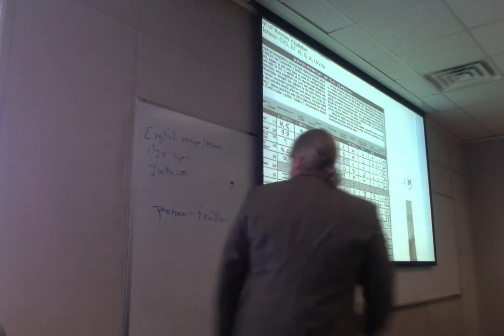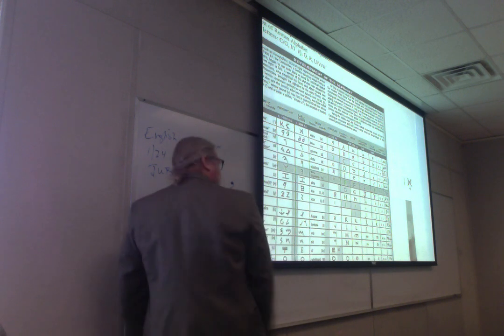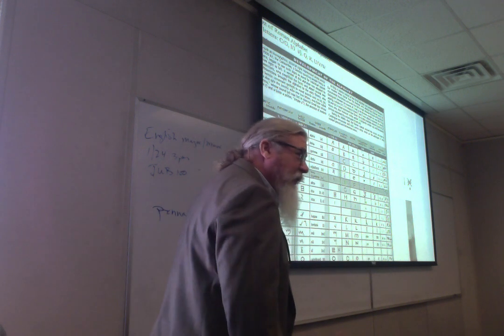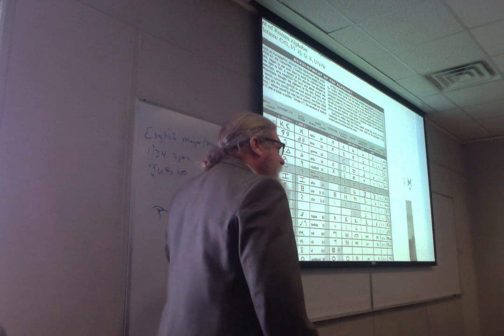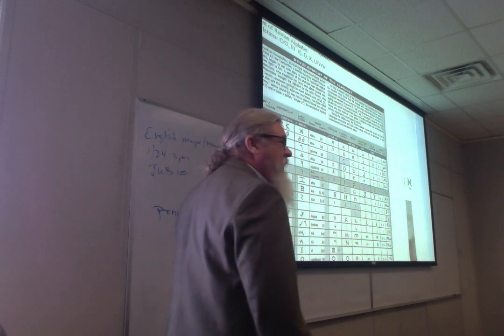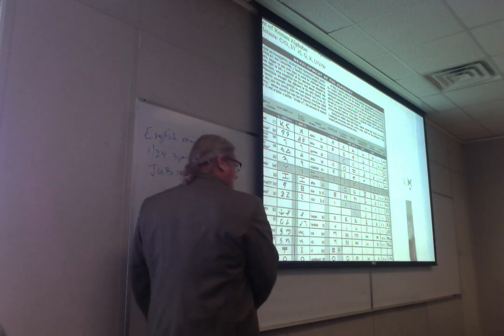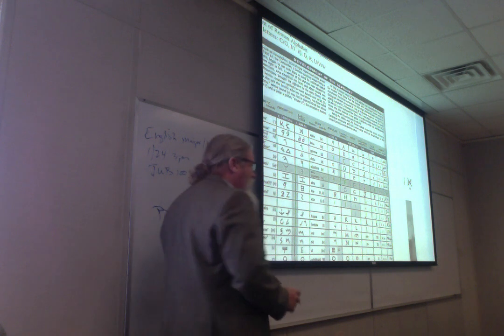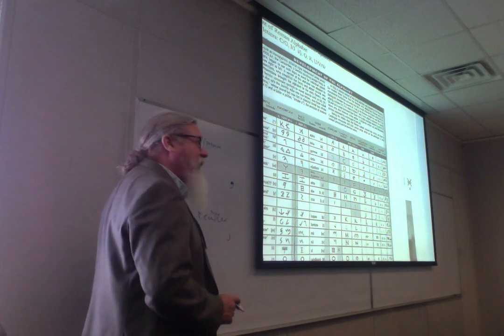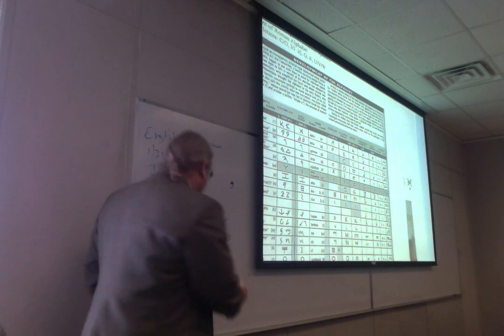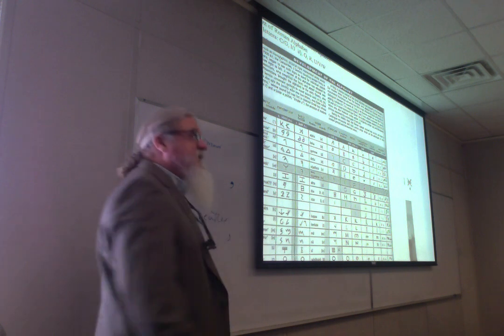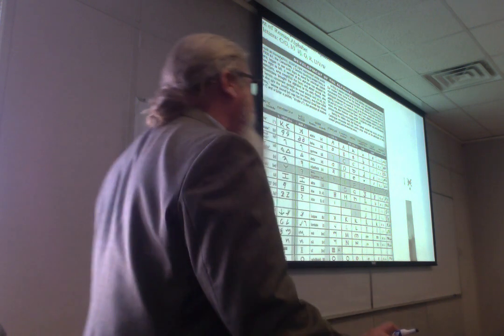The phrase, mind your P's and Q's, why? What's the difference between them? Q is a P backwards. But what else is different? What do I not include here? Q has a little serif tail on it.